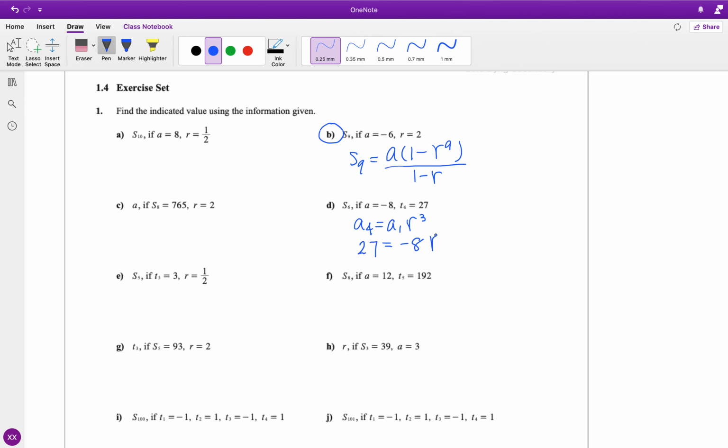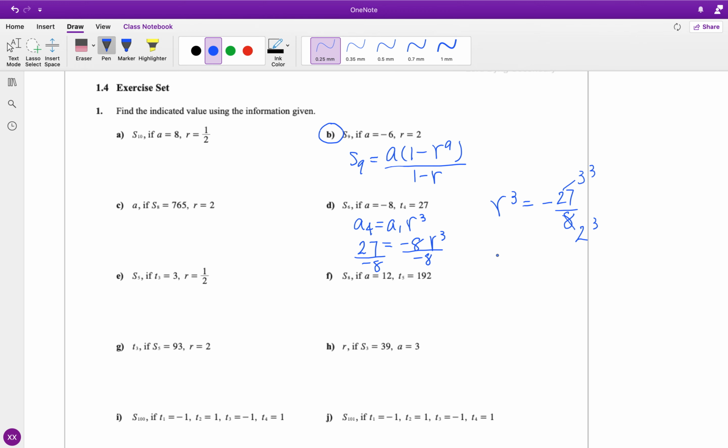A4 is 27 and A1 is -8, and then I got r cubed. So I'm going to divide both sides by -8. Now it turns out r to the power 3 equals -27 over 8. Using your number sense, 27 is 3 to the power 3, and 8 is 2 to the power 3.